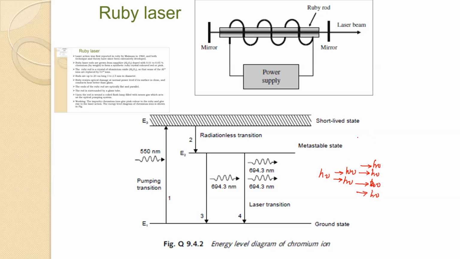So in this way, 1, 2, 4, then 8, then 16, then 32, etc. The photon multiplies.